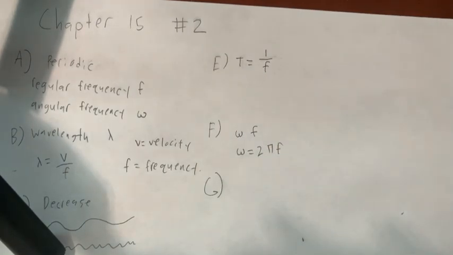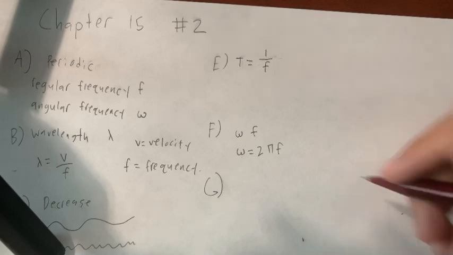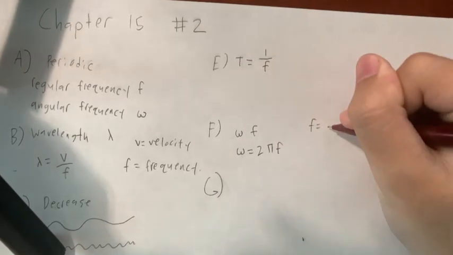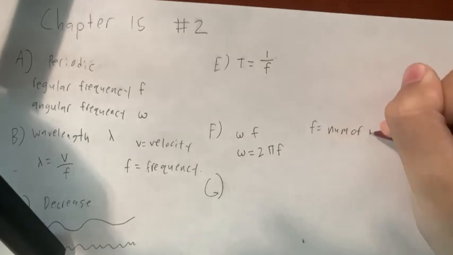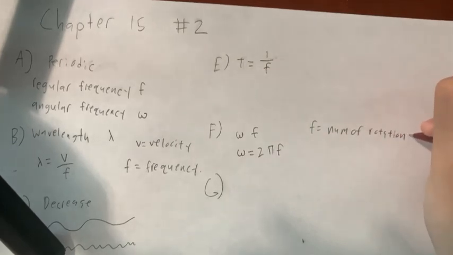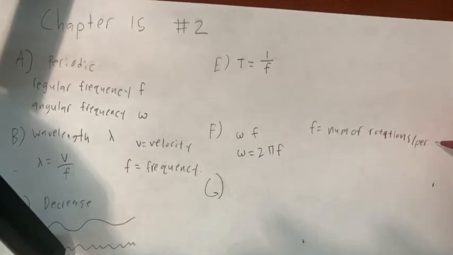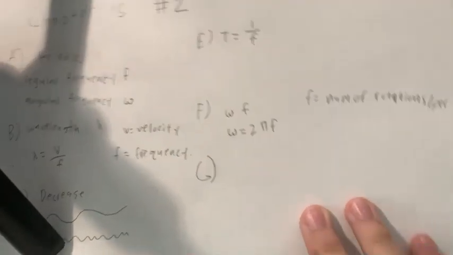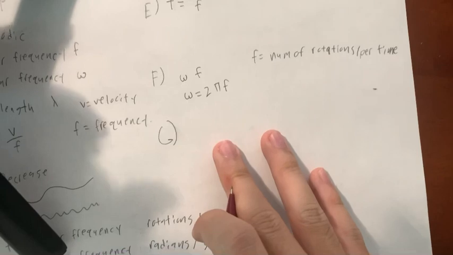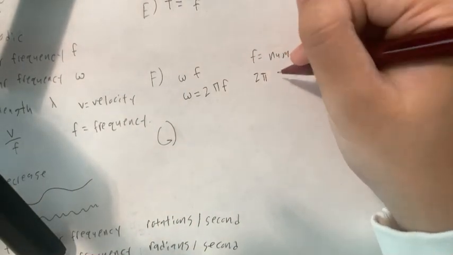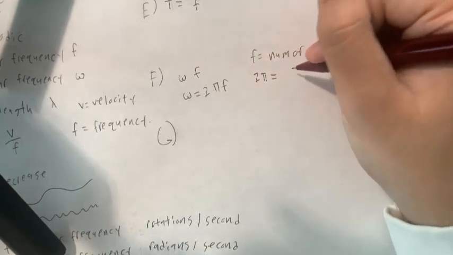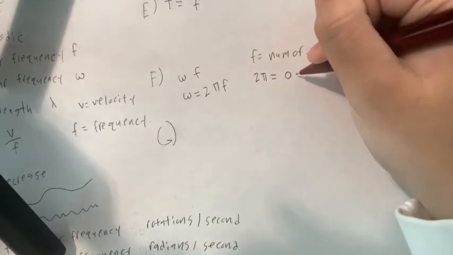This would be the case due to the frequency representing the number of rotations per a period of time. 2 pi would represent one full rotation of a circle.